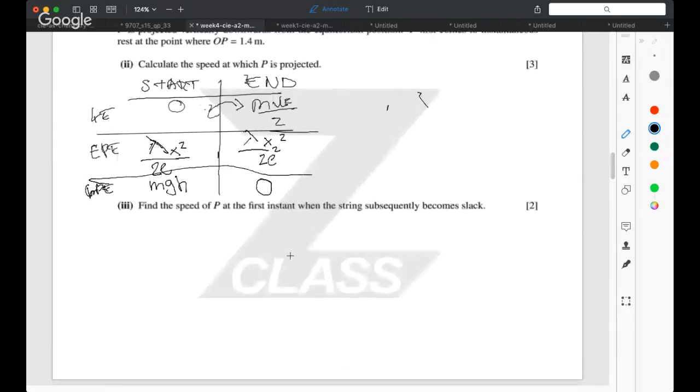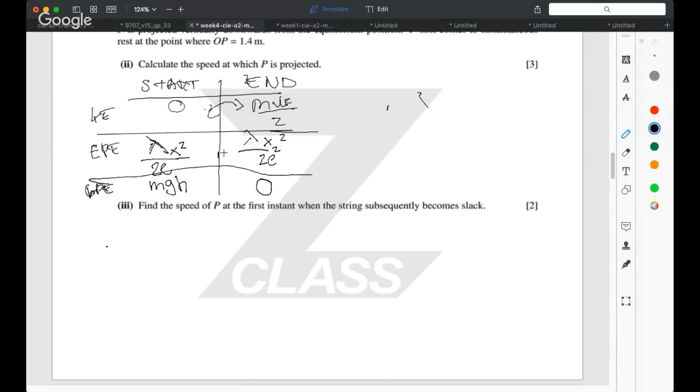The last one. The string becomes slack. This is the instant when it's going up. So again, you equate the energy. This time the end of the previous one will become the start of that.